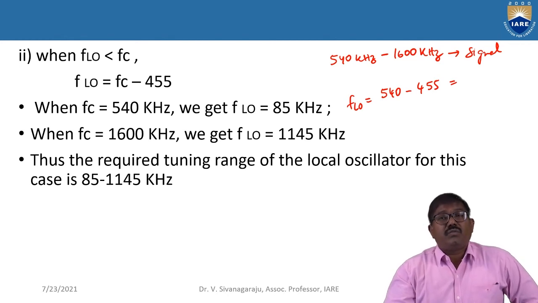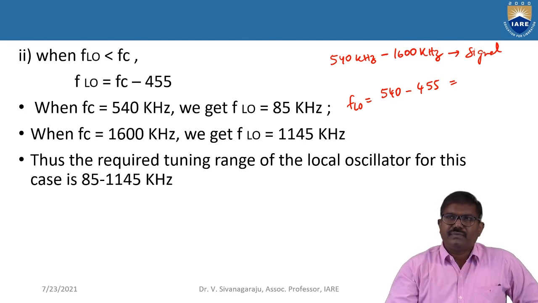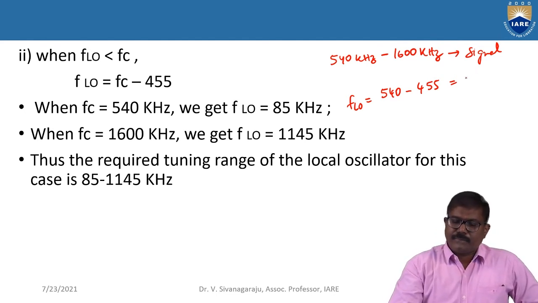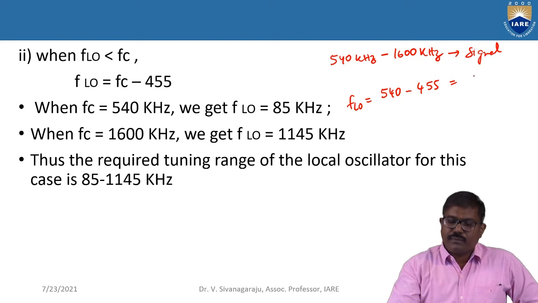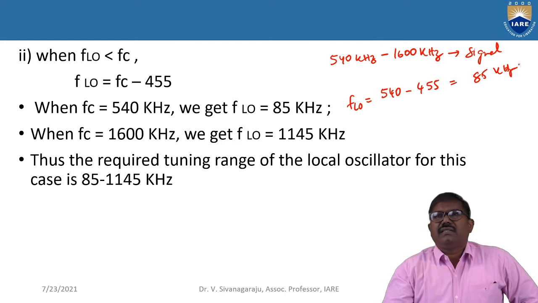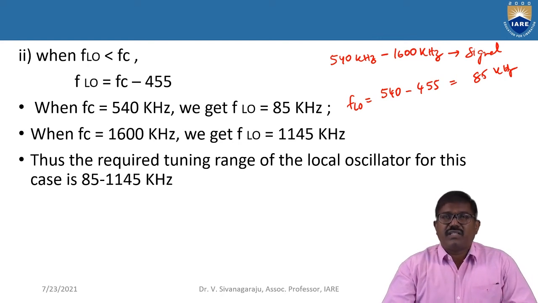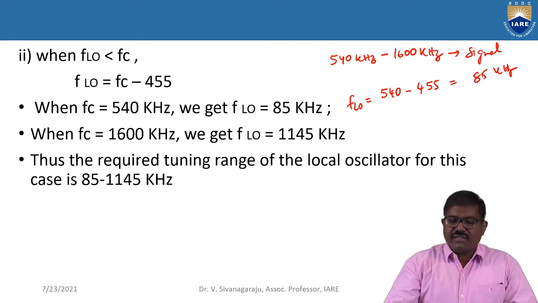That is the intermediate frequency. This intermediate frequency is a fixed one, it never changes. So FLO is equal to 540 minus 455 kilohertz, which gives 85 kilohertz. So that is for the second case, FLO less than FC.